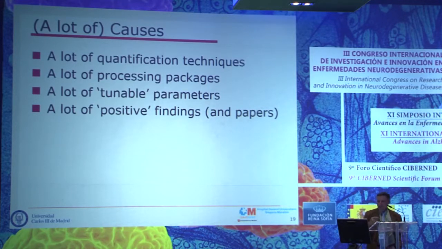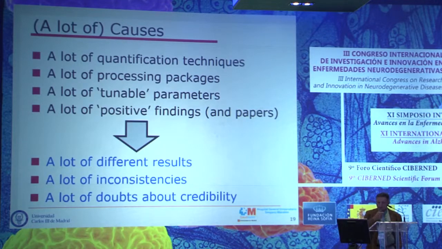And all those packages have a lot of tunable parameters that lead to a lot of, let's say, false positive findings in the literature. So in the end, this produces a lot of inconsistent results, and finally, a lot of doubts about the credibility of these methods. I'd say this is particularly true when talking about the use of neuroimaging in psychiatry.